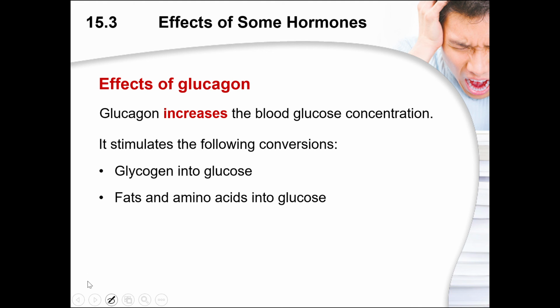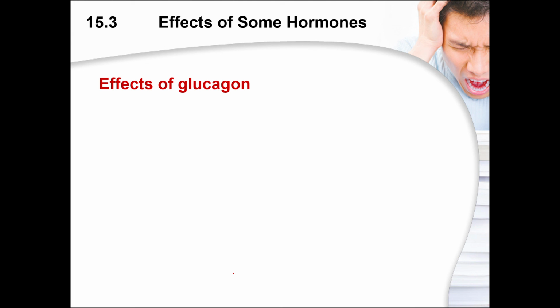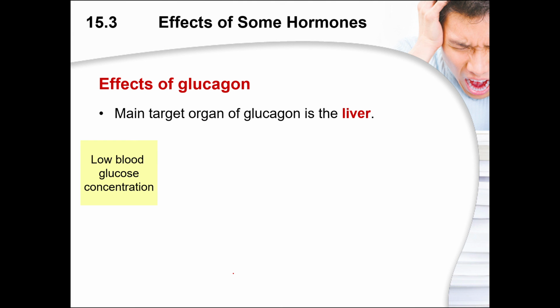Alright, it has got two main functions. Usually we are very familiar with the first, but you will need to add on the second to your knowledge as well. And thirdly, it also converts lactic acid into glucose. So all of it helps increase the amount of glucose in the blood. Okay, so the main target organ of glucagon is the liver.